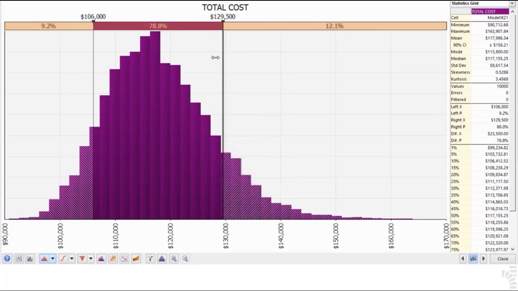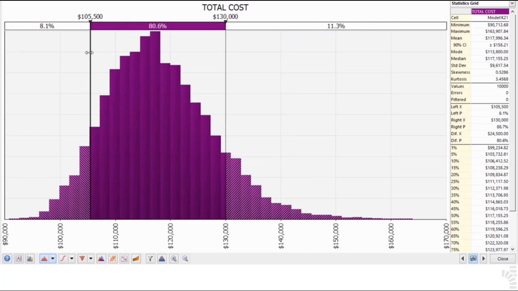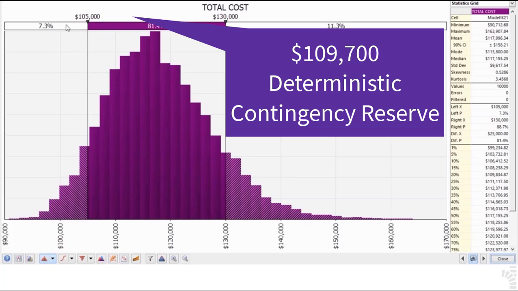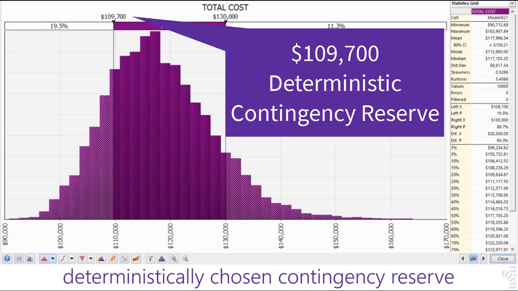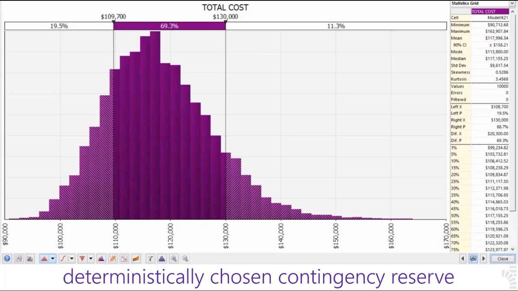73. On top of the left delimiter, change whatever value is on for $109,700. Remember, this figure represents the deterministic amount, including most likely figures, for each one of the 10 activities plus the E and V of the three additional eventual risks. 74.